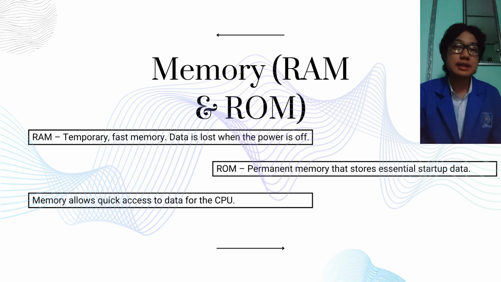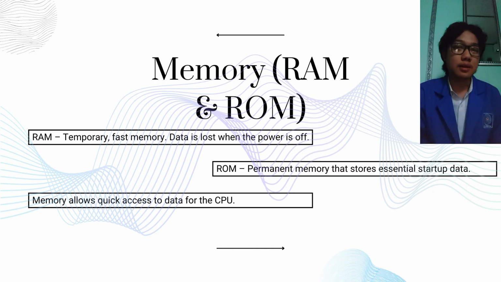Next we have memory. There are two types of main memory, RAM and ROM. RAM means random access memory. It is fast but temporary. When the computer is turned off, everything in RAM is lost.